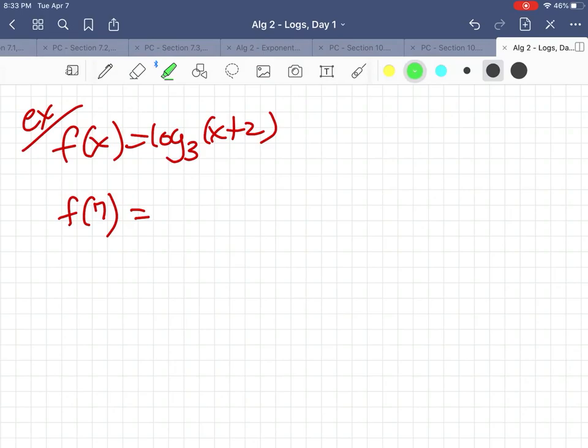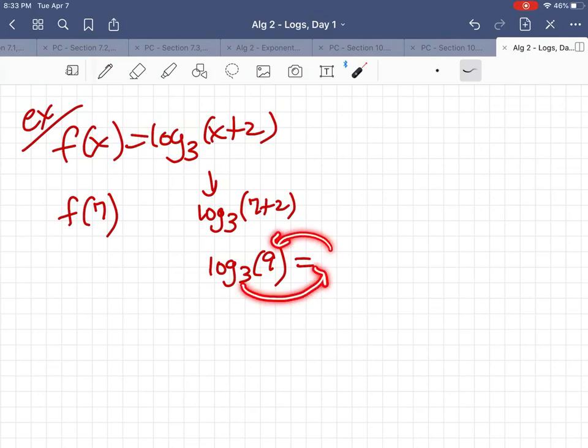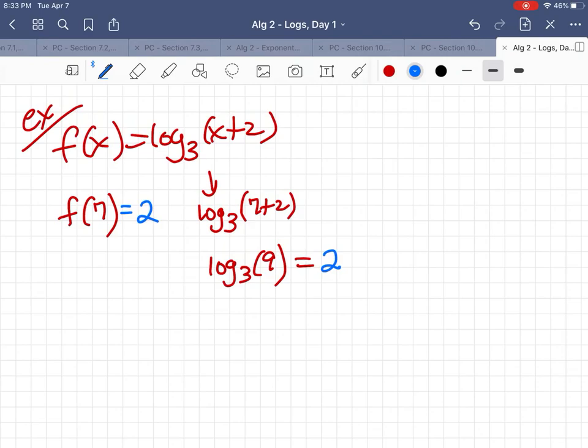So I have log base 3 of 7 plus 2. Well, that's log base 3 of 9, so I have to give an answer to this. Let's go back to where we were earlier. 3 to what power equals 9? I know that 3 to the 2 equals 9. So my answer to this question is f of 7 is 2.